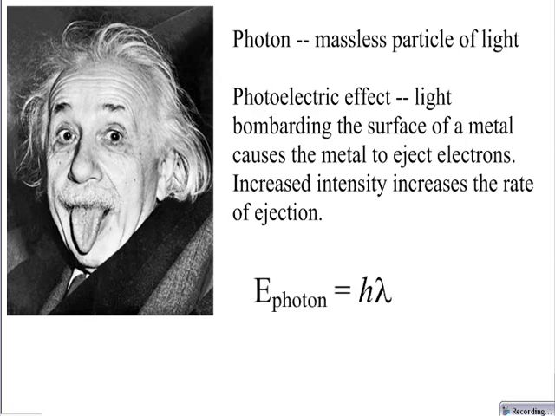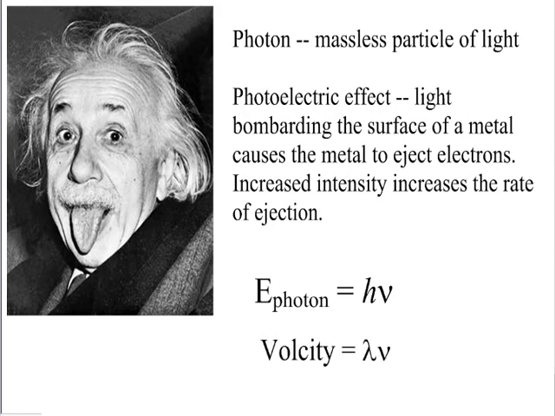He said that photons would emit energy as well, since we know that energy is equal to Planck's constant times its frequency. Einstein was a fan of Planck, and therefore he based his research on that.